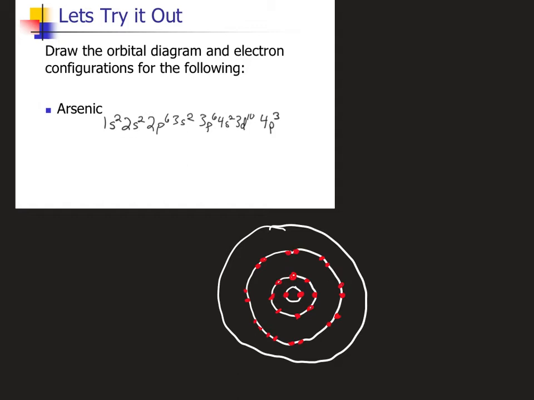Then in the 4th row, 1, 2, 3, 4, 5. So it's a little hard to read on screen in class, but it is there.